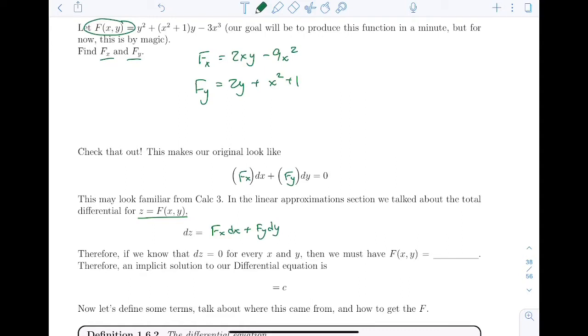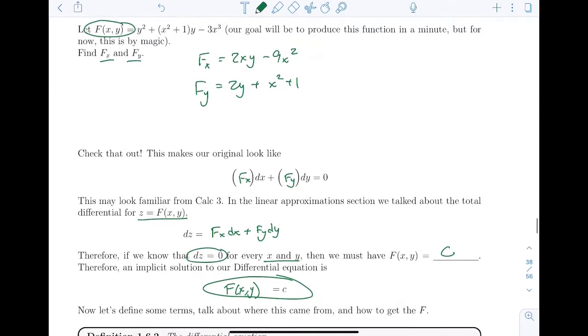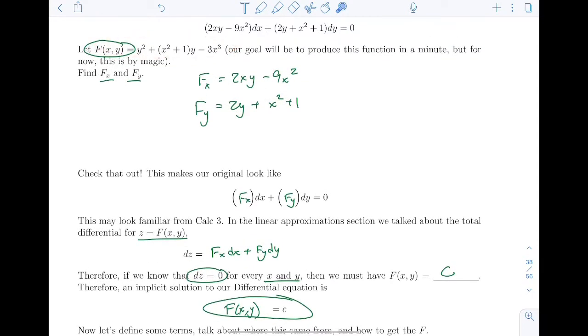And so in this equation, we're saying that dz is equal to 0 for every x and y, which means we must have the function f(x,y) equal to a constant. And so the implicit solution to our differential equation is f(x,y) = c. Okay, so this is going to be our solution to the differential equation once we have produced this f here.